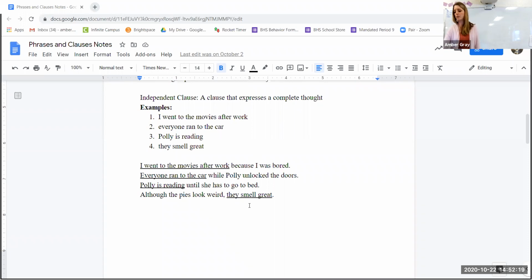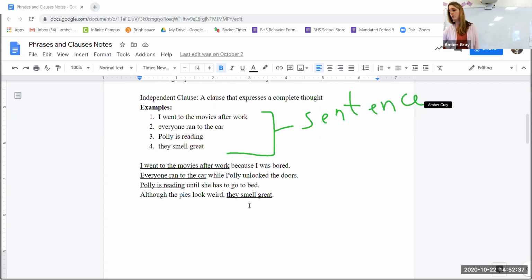So the underlined portions of each of these sentences are actually our independent clauses because you can take them out and they could be complete sentences on their own. Notice that these can act as sentences alone, or you can add them into sentences with other clauses and they would still make sense.